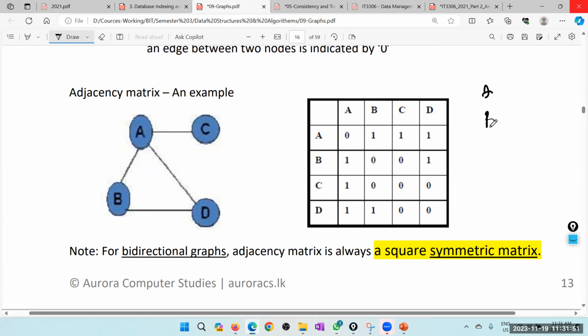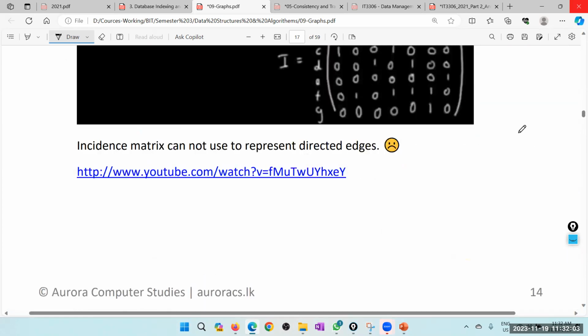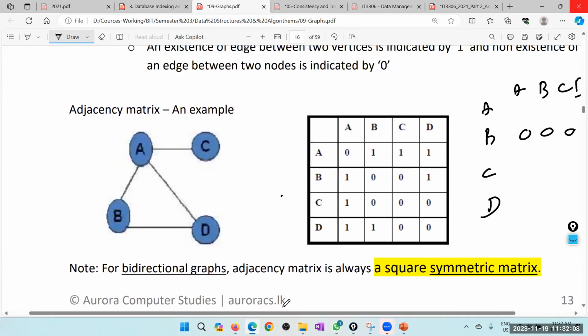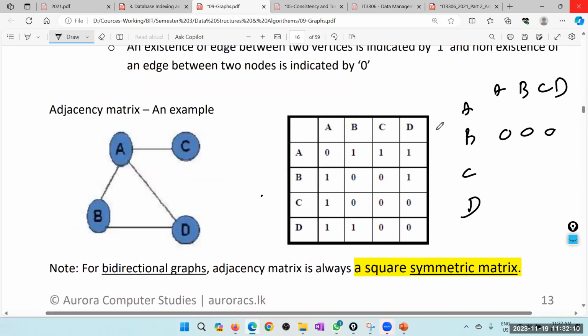Therefore I have A, B, C, D in the horizontal way, and I also put them in the vertical way, A, B, C, D. By default, let's assume they are all 0. So 0 means there is no connection between these nodes.